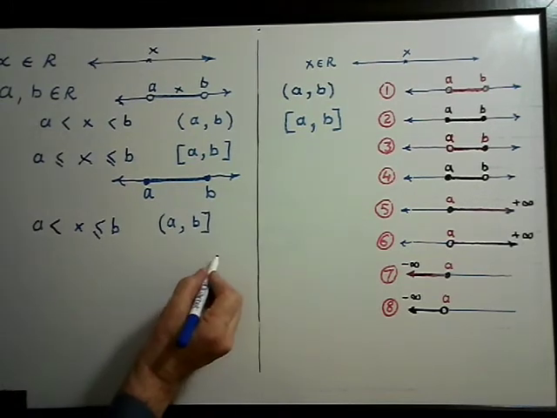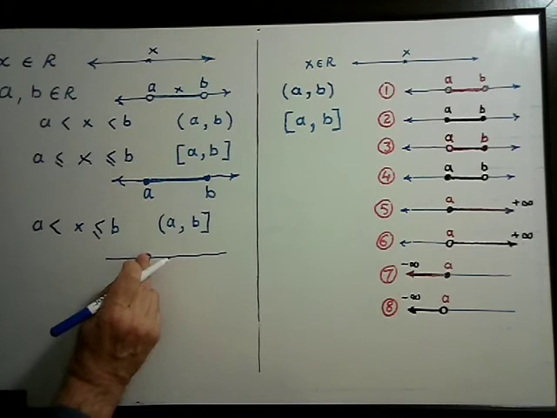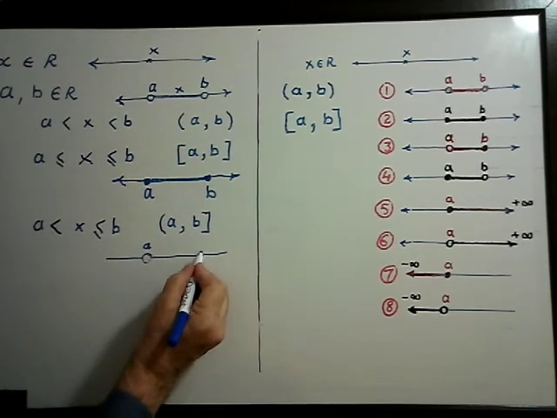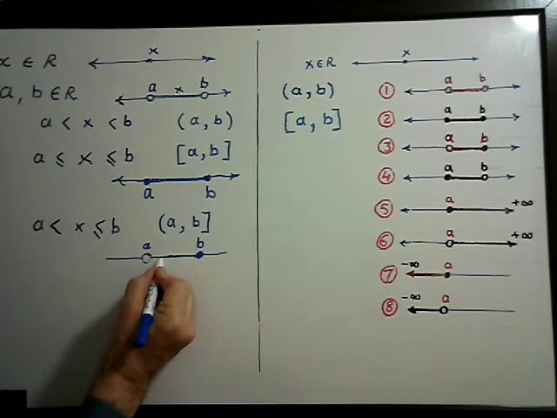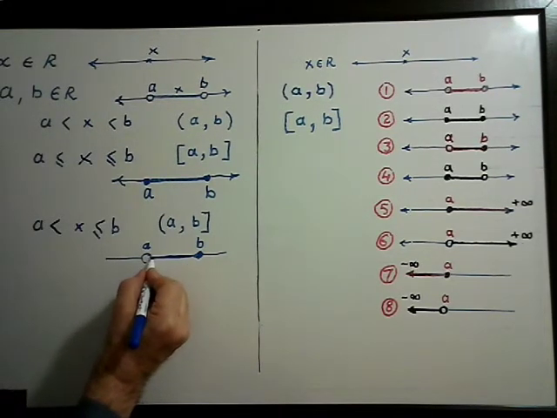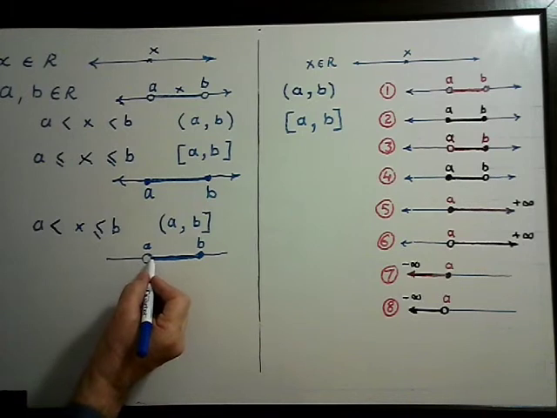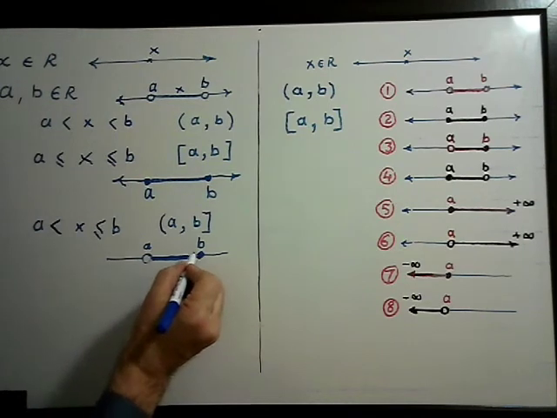It is represented by the line here. At a is an open circle, and at b is a closed circle, and all the numbers between them are included in this interval. So this interval includes all the numbers between a and b plus the number b. b also lies in this interval.